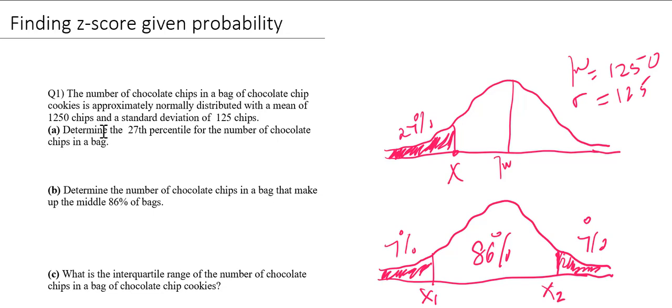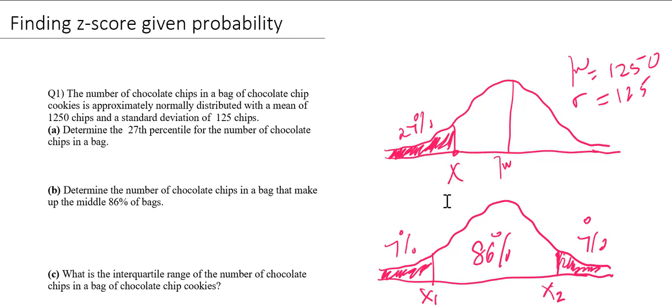So let me tell you what he means by 27th percentile. 27th percentile means 27%. So you just go to the normal curve and you shade 27% to the left. And he wants the x value for which 27% of the data values are to the left of this x value.